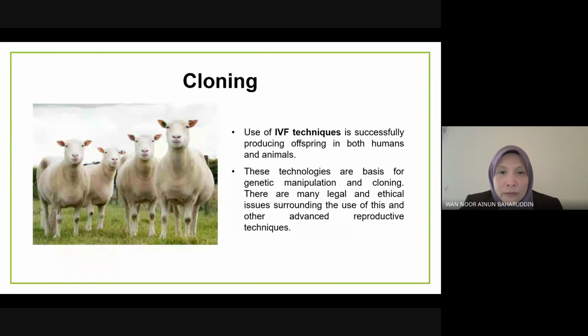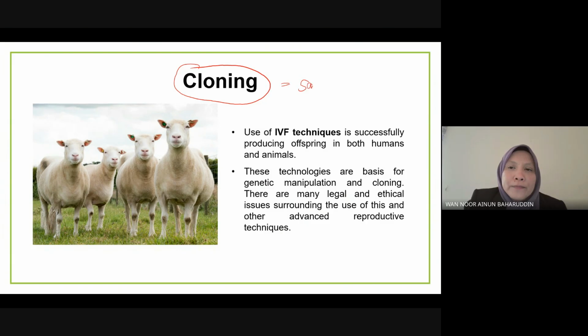Okay. Next, IVF cloning is one crucial type to know about. They also use the same technique as IVF, but cloning is what we call like a photostat, to get the same organism, meaning a copycat.